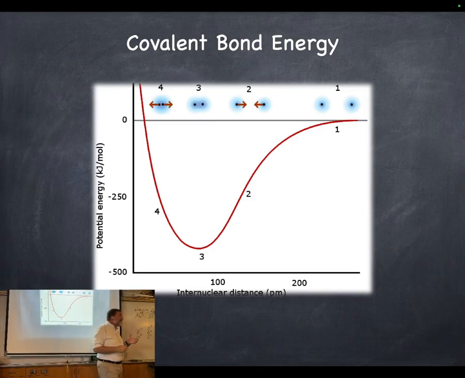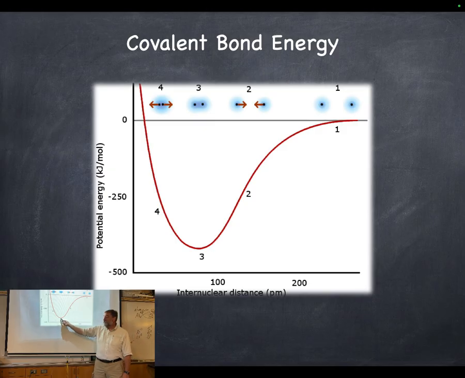What's happening as these atoms get closer and closer together is that the nuclei of the two atoms begin to get close, and the positive charges in the nuclei start to repel each other. So the repulsive force of the positive charges in the nuclei begins to push the nuclei apart.